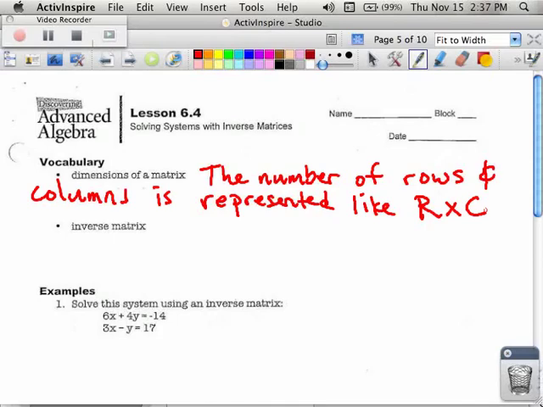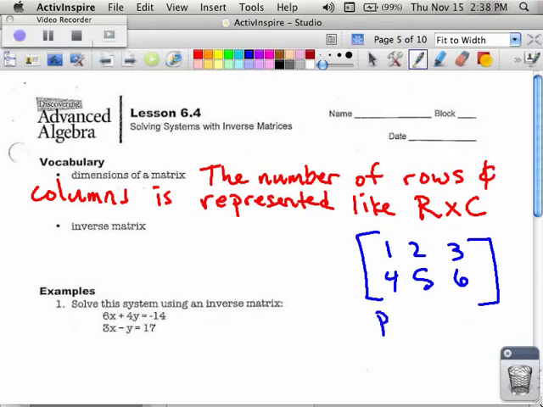So a matrix, when you look at it, looks something like the following. For example, I would have the numbers 1, 2, 3, 4, 5, 6 in a matrix. And the number of rows in this would be 2 and the number of columns would be 3.